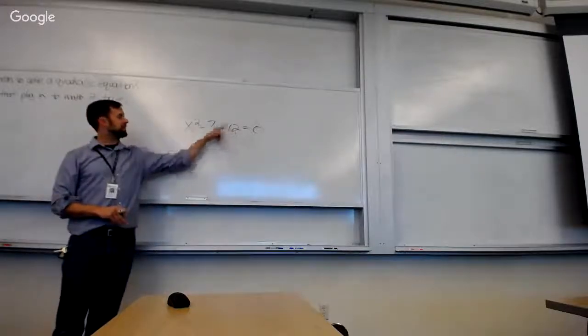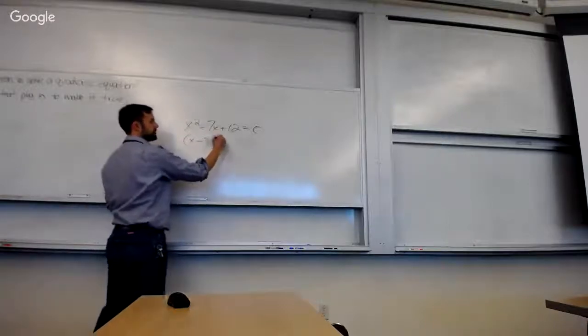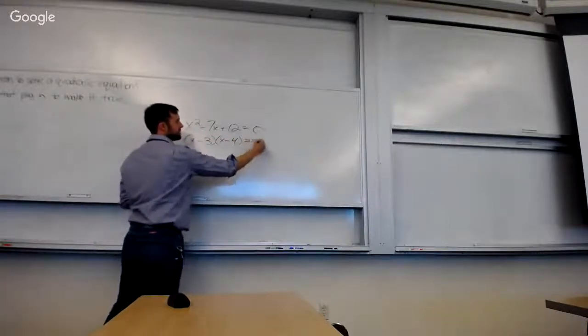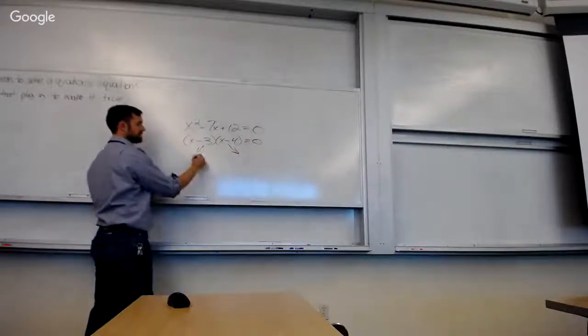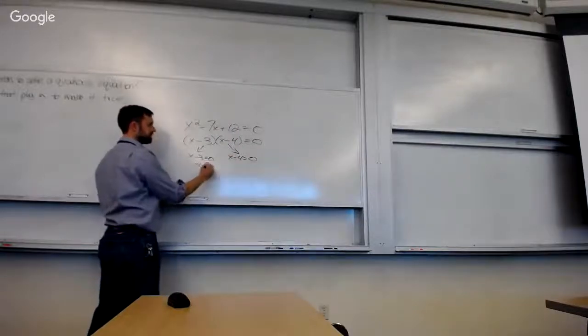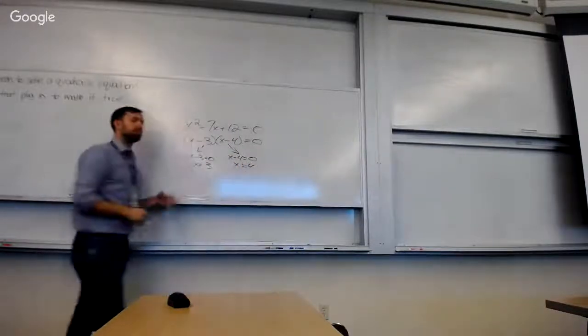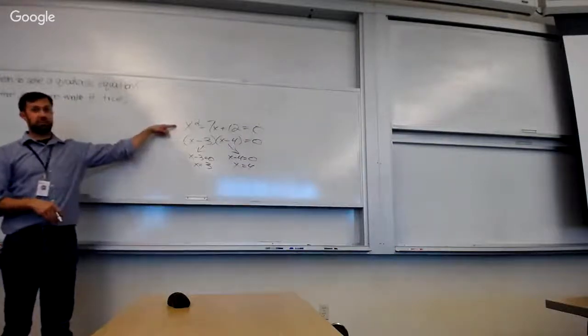What multiplies to make 12 that adds to make negative 7? Is it negative 3, negative 4? And then by the 0 product rule, this times this equals 0. So either x minus 3 equals 0 or x minus 4 equals 0, which means x equals 3 or 4. So 3 and 4 are the only numbers in the universe that you can plug into that equation to make it true. Might as well check.